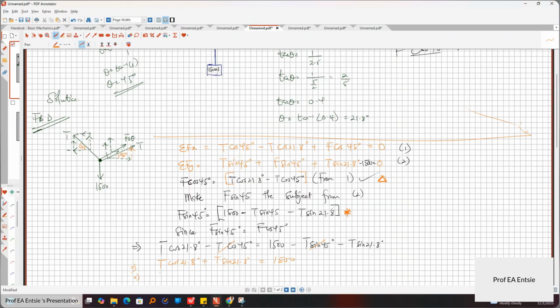What can I factor? I can factor T. Then I get T times cos 21.8 plus sin 21.8 equals 1,500. So what is cos 21.8 plus sin 21.8?